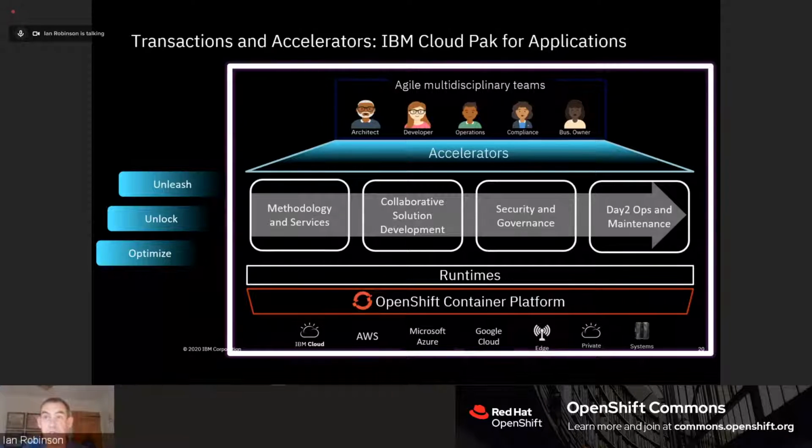Cloud Pak for Applications 4.2 was the version that shipped in June, so this June, 6 weeks ago now. That's the release of Cloud Pak for Applications in which we introduced accelerators.